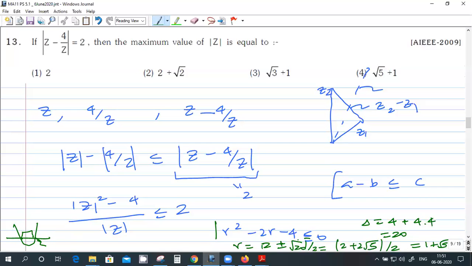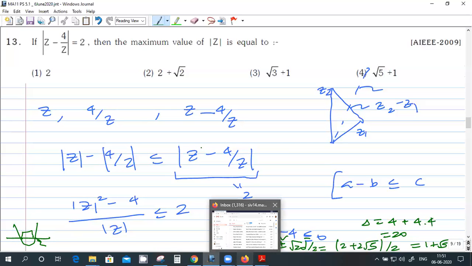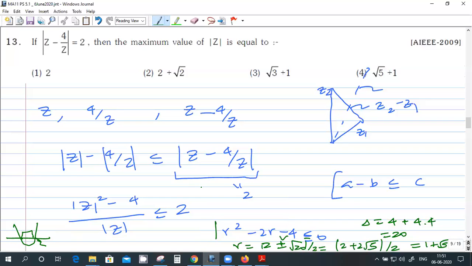This higher root I'll get by taking the positive sign. So this combination of quadratic, triangle inequality, and then knowledge of the parabola or quadratic equation. Right, this one.